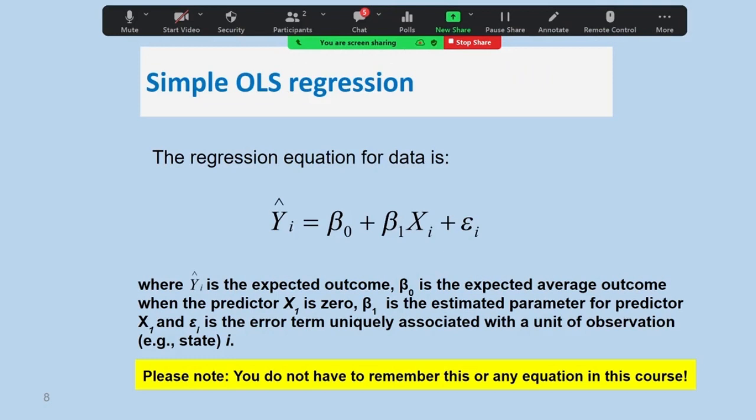Okay, so this is a simple depiction of an OLS equation that you would see in a statistical text, where y hat is the expected outcome. Expected, say, enrollment, if you're looking at enrollment as an outcome. Beta subscript 0 is the expected average outcome when the predictor, say financial aid, is 0.